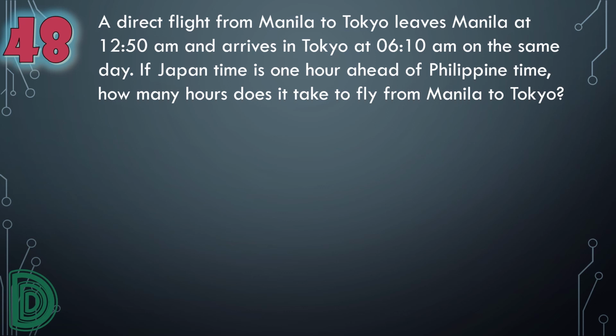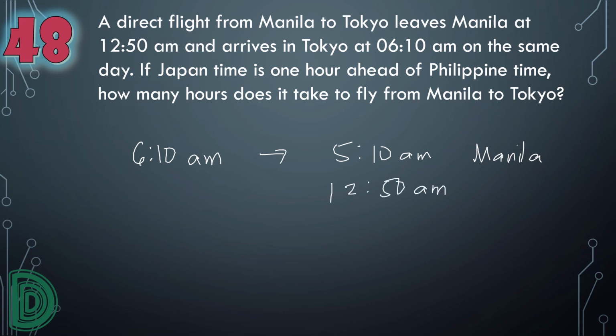If it's 6:10 a.m., then that will be 5:10 a.m. Manila time. Since Japan is 1 hour ahead of the Philippine time, the flight left at 12:50 a.m. So that means we subtract 12:50 a.m. We can write this as 00:50.